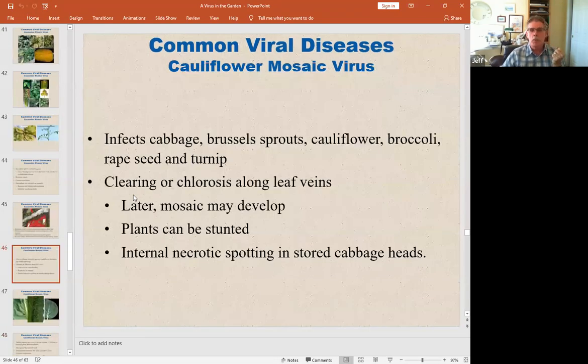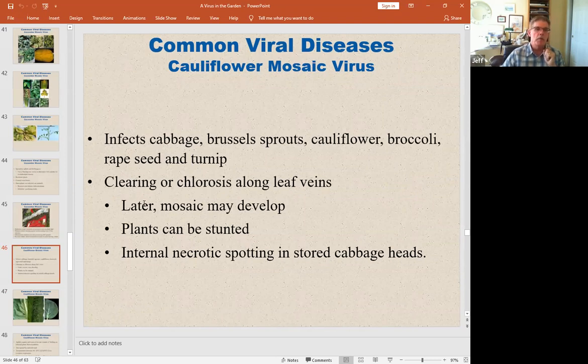So cauliflower mosaic virus, yet another mosaic virus. Mosaic viruses are very common. So they tend to be on crucifers, or cabbage, Brussels sprouts, cauliflower, broccoli, and so on and so forth. It produces clearing of the veins, or chlorosis, which is yellowing.